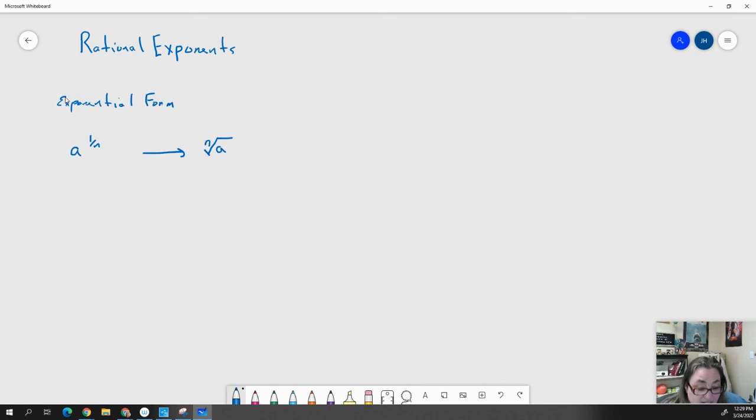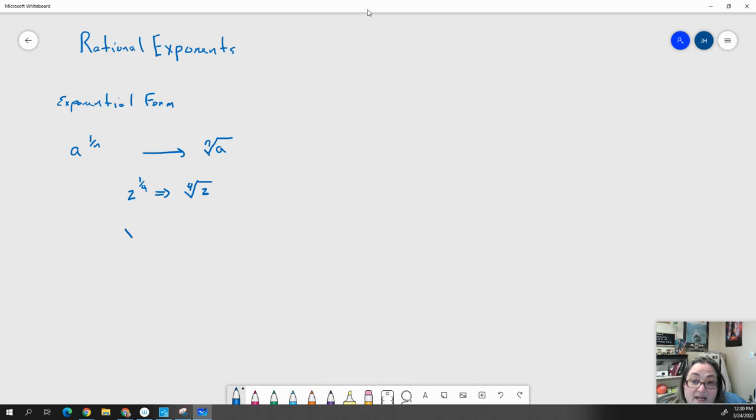What does that look like in terms of numbers? If I had 2 to the 1/4, right, I would write that as the 4th root of 2, right?